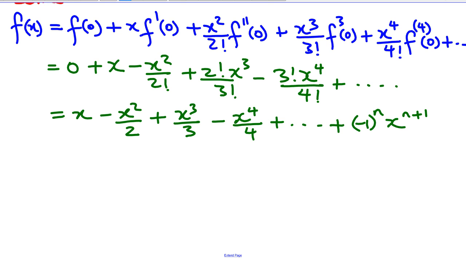That way, if you plug in 0, then you'll have x to power 1 over, where did we start from? 0 factorial is 1, so 0 plus 1. So, yep, we can just write over n plus 1. All right, over n plus 1 will be fine, plus whatever comes next.